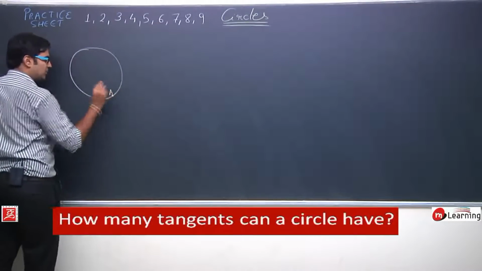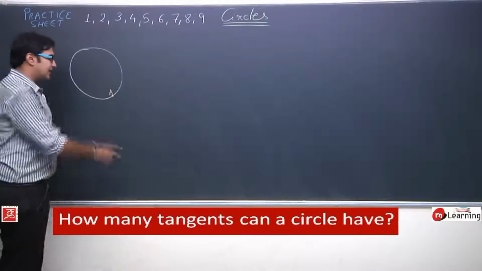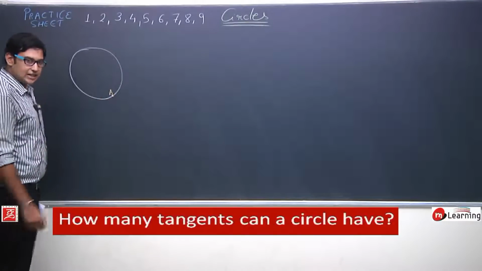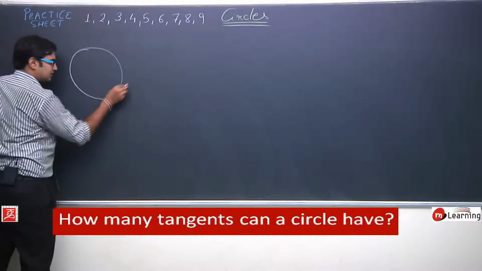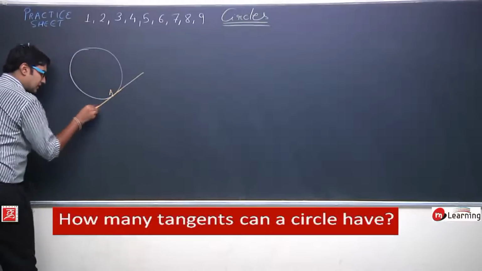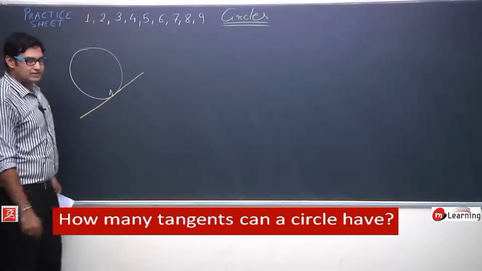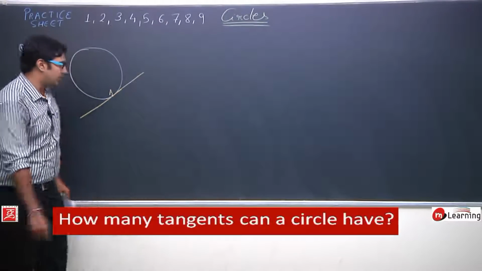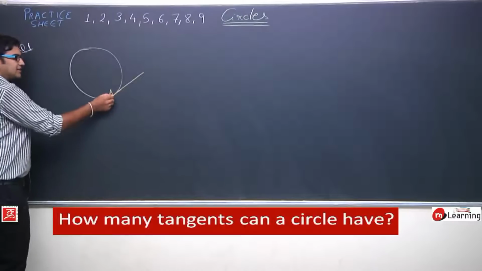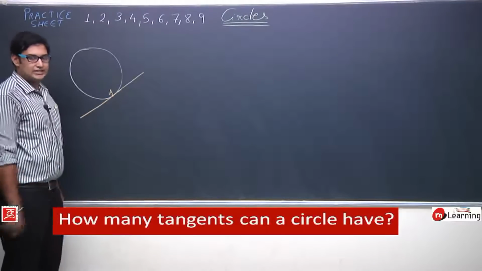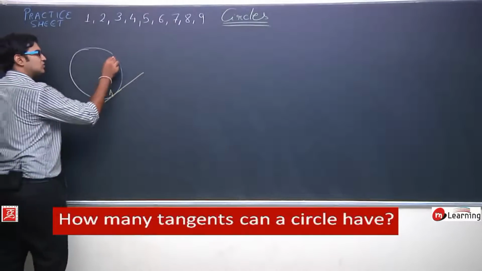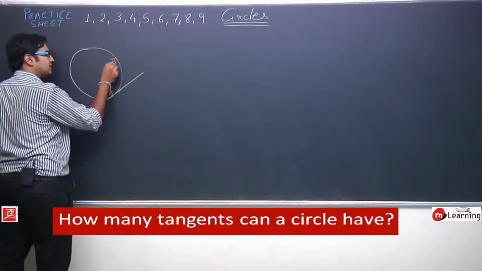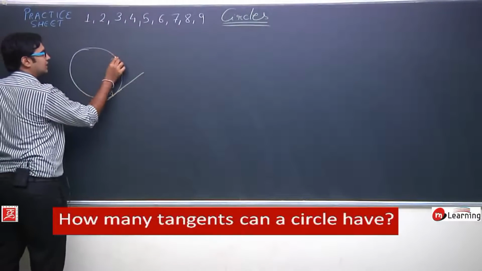Let us say this is point A. Now, can I draw a tangent at this point A? Yes, it's very easy because a tangent is a line segment which touches the circle at a single point. So this line segment touches this circle at a single point. So this is a tangent. Similarly, if I choose a point B at this location, can I draw another tangent?